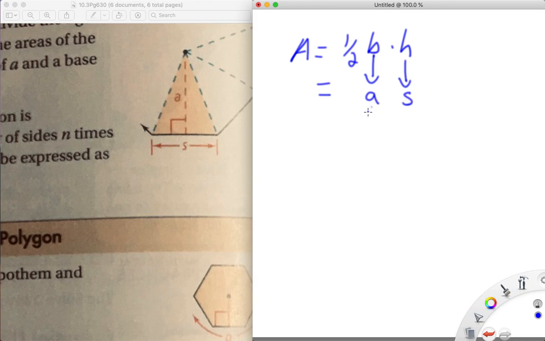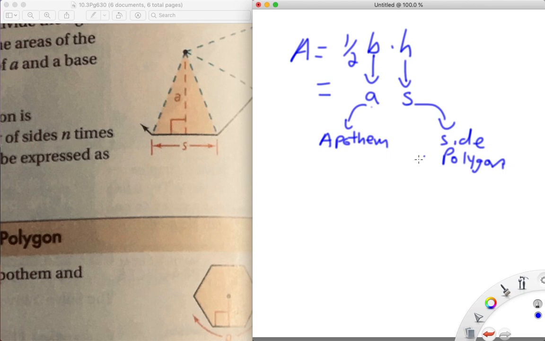So this is the apothem, and this is now the side of the polygon, whatever the regular polygon is.